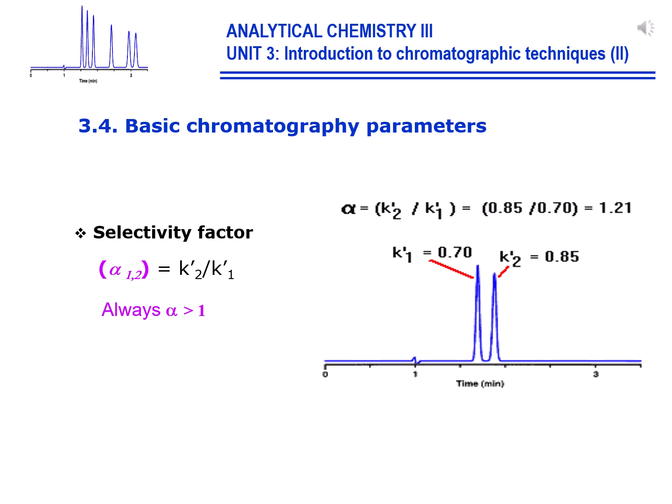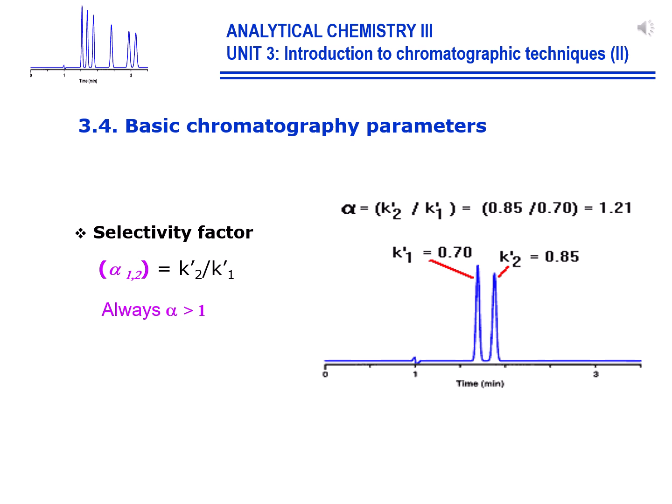The selectivity factor, alpha, measures the relative separation of solutes 1 and 2 that are adjacent peaks. It is defined as the quotient of the capacity factors of these two compounds. According to this, it's always greater than 1, which means that compound 2 has longer retention time.